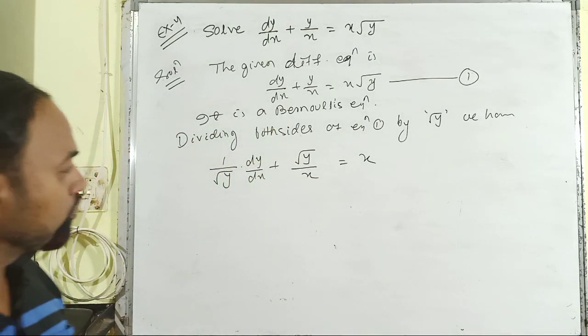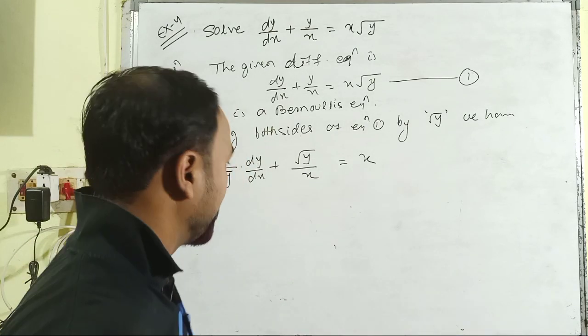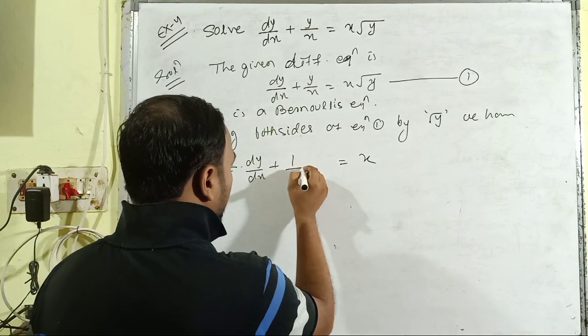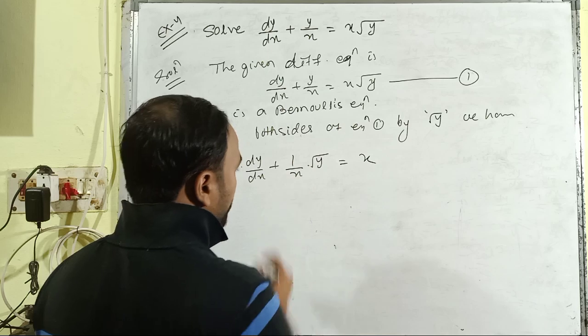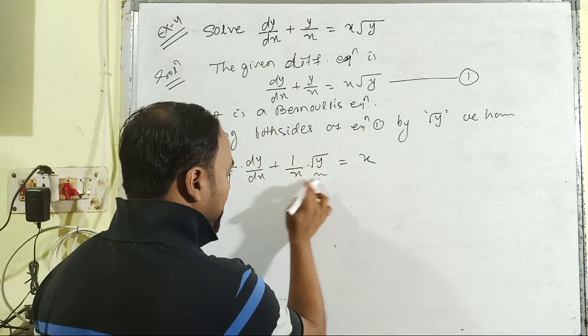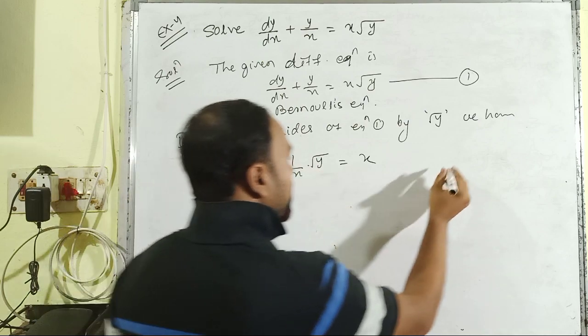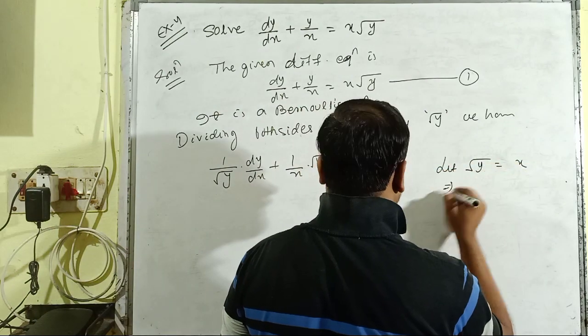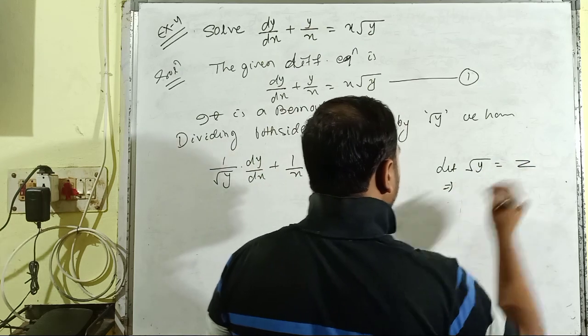Then we have to go through the proper substitution fundamental here. You can also write down 1 upon x multiplied with the square root of y, and you have to substitute this part which is multiplied with this p of x term. So let square root of y be z.